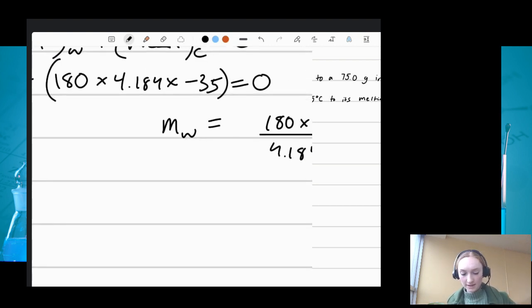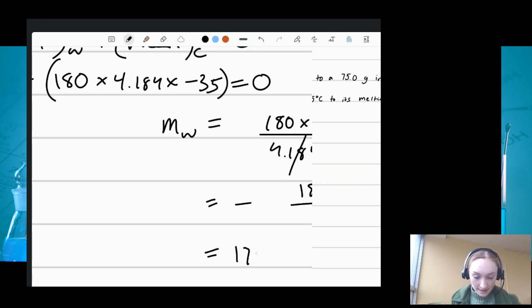And so if we looked at this here, we could notice that this negative is right there, so that we can bring that out. Both of the 4.184s are canceled out, so we can simplify down what we're multiplying here. So it's 180 times 35 over 37. And multiplying all this out will give us a value of 170.27027.